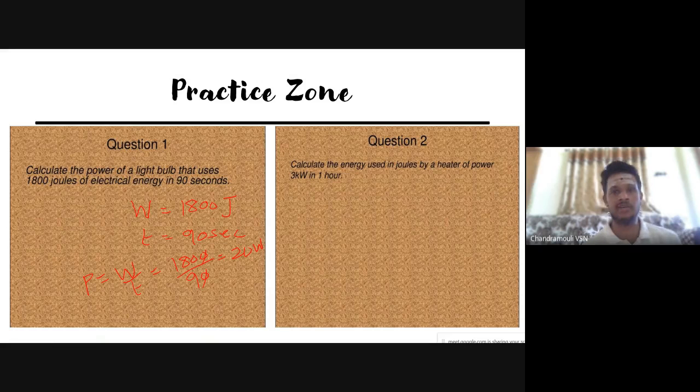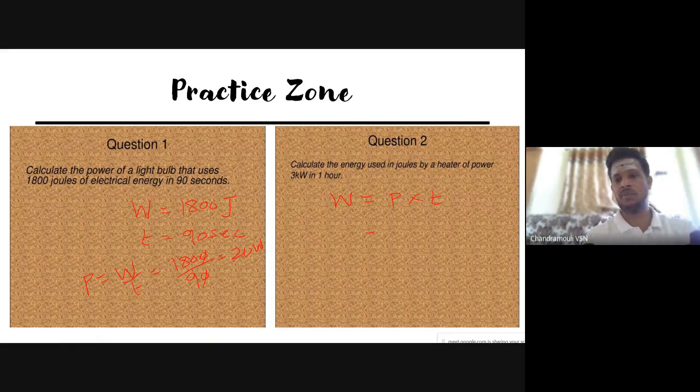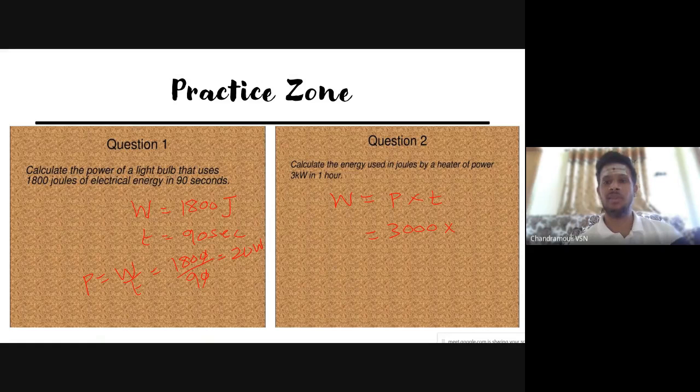Now here they want energy, work. Formula is what? Work is equal to power into time. Superb. What is power here? 3 kilowatts. Time is given, 1 hour, not 1 minute, beta.